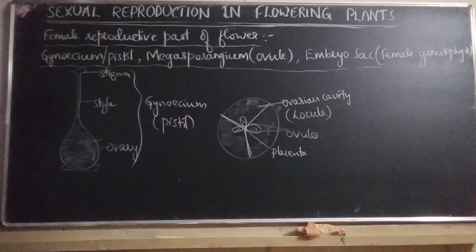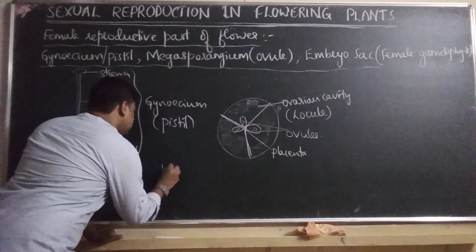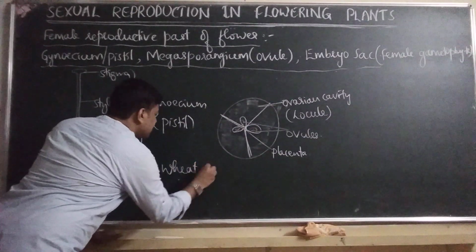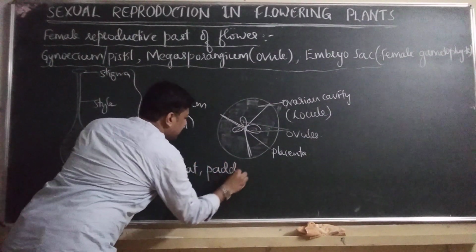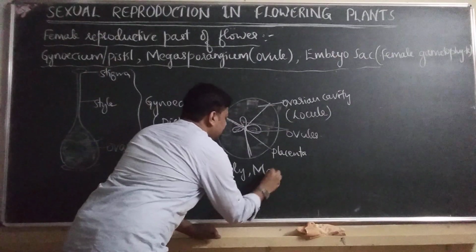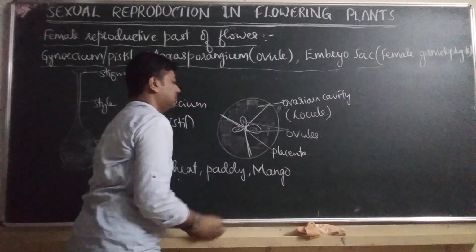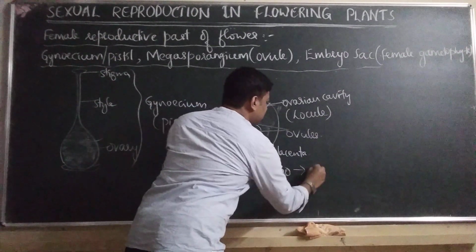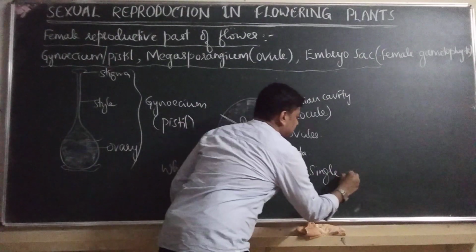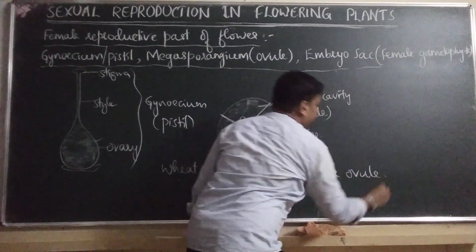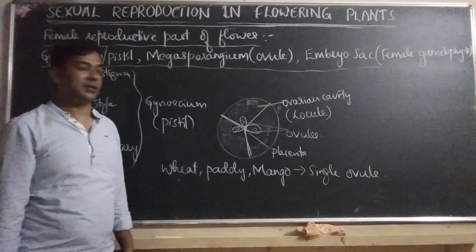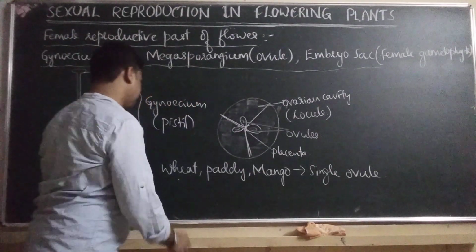In wheat, paddy and mango, these three plants have a single ovule in the ovary.